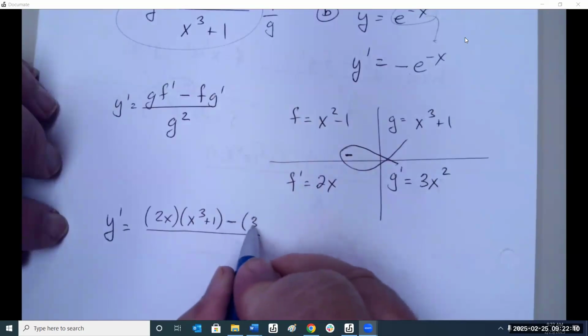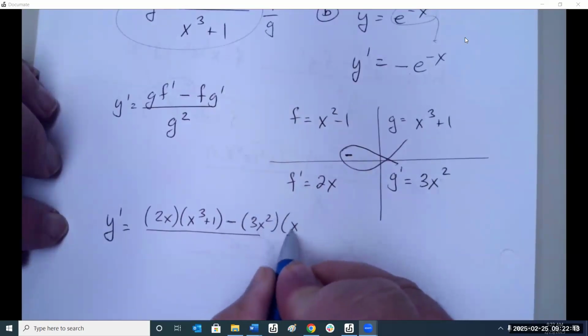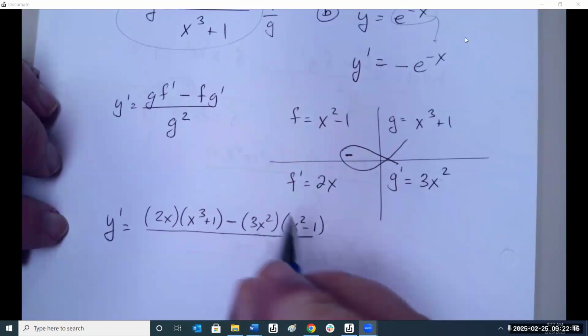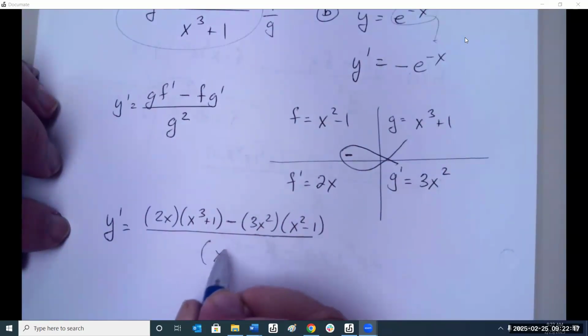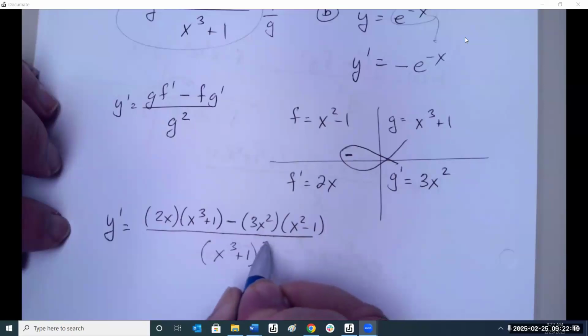Minus 2x squared over x cubed plus 1 squared.